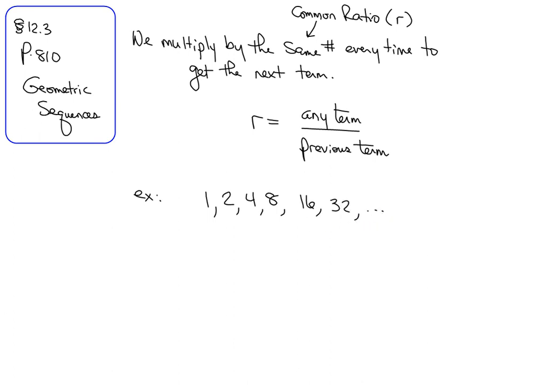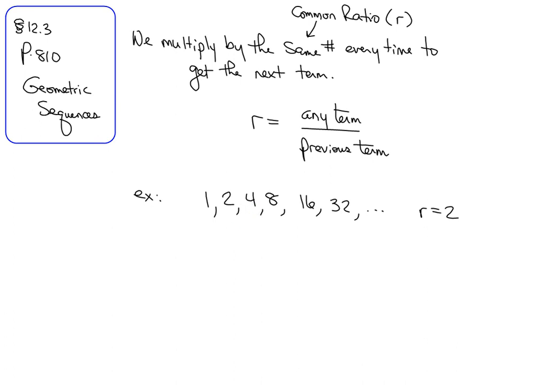That's an example of a geometric sequence. Why is it a sequence? The commas, right? So it's a sequence because of the commas. Why is it geometric? Well, what are we multiplying by every time? 2. So R is equal to 2. How do we find R? We take any term and divide it by the previous one. 32 divided by 2 is 16. 16 divided by 2 is 8. 8 divided by 4 is 2, etc.